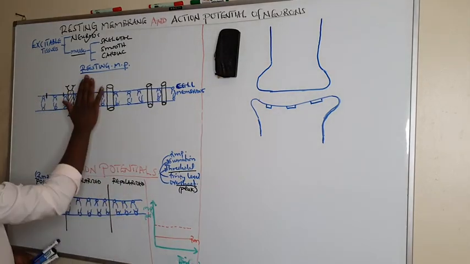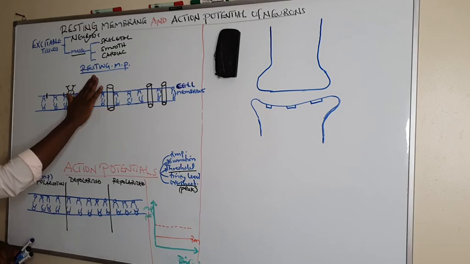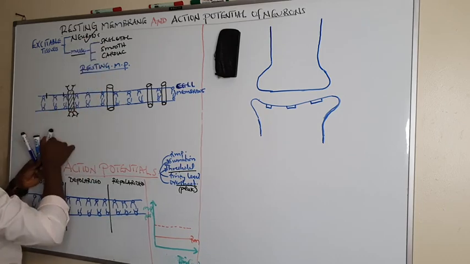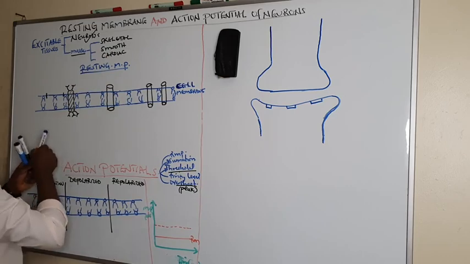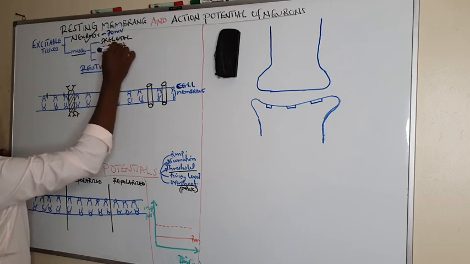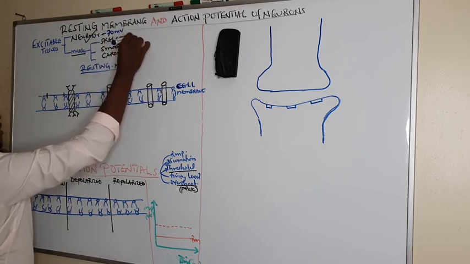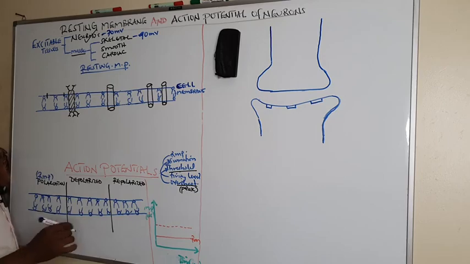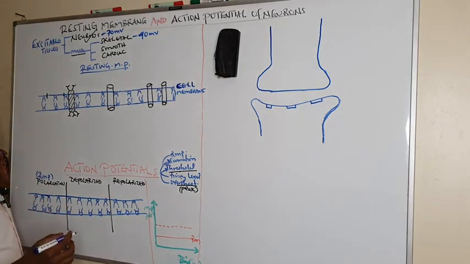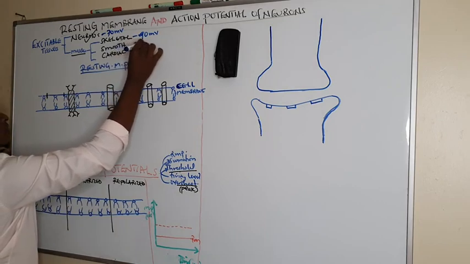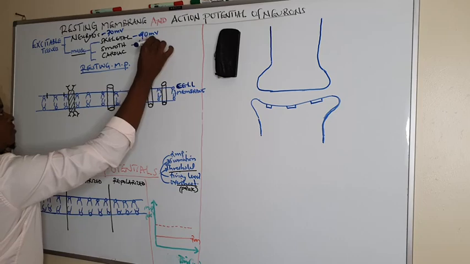So we're going to look at the membrane potential. The membrane potential of neurons is negative 70 millivolts. For skeletal muscles it is negative 90 millivolts, because membrane potentials are measured in millivolts, whereas for smooth muscles it is negative 60 millivolts.